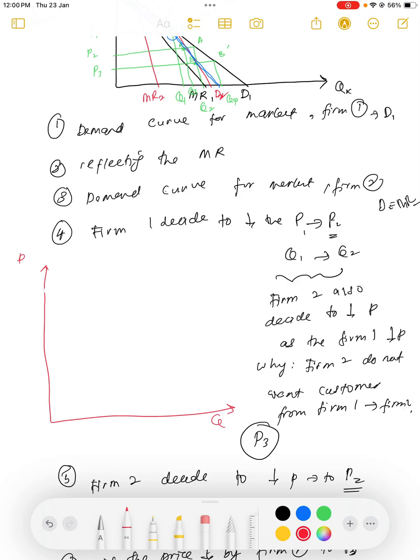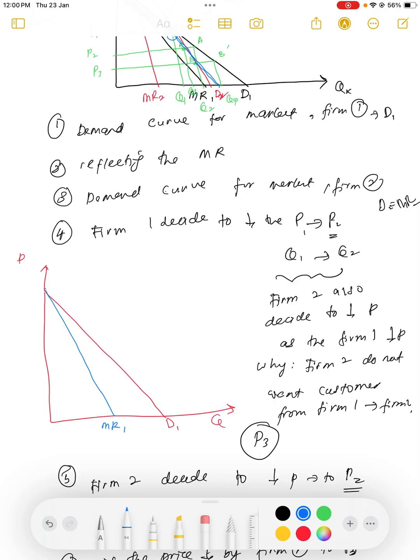For example, here we have company A. So this is the demand for company A, for company 1. And how about the marginal revenue? We believe that the marginal revenue will be half of the demand. So this is the marginal revenue 1, for company 1.